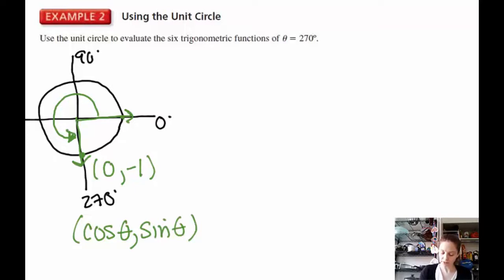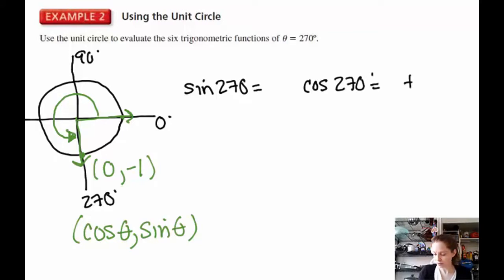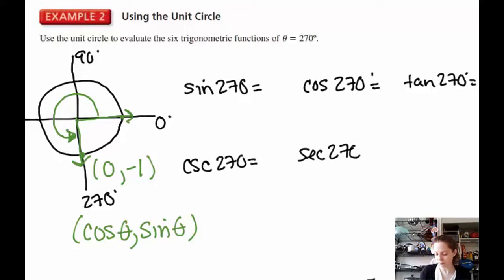Which means, let me write out the 6 trigonometric functions. We have sine of 270 degrees, cosine of 270 degrees, tangent of 270 degrees, and we have cosecant of 270 degrees, secant of 270 degrees, cotangent of 270 degrees.